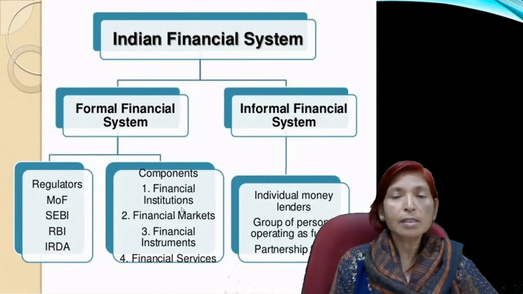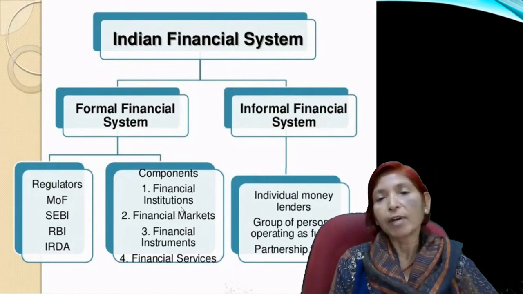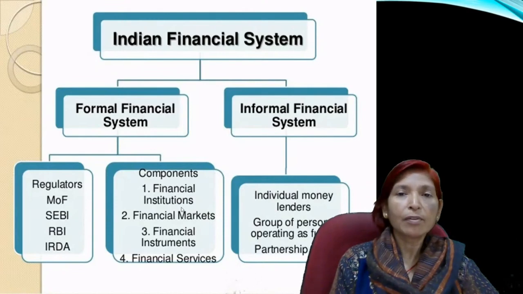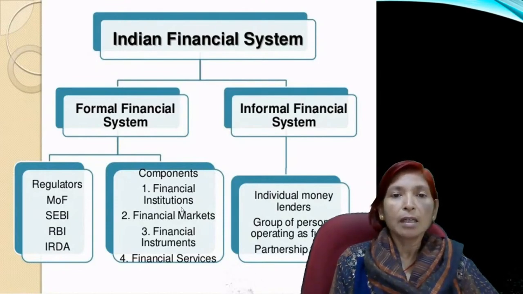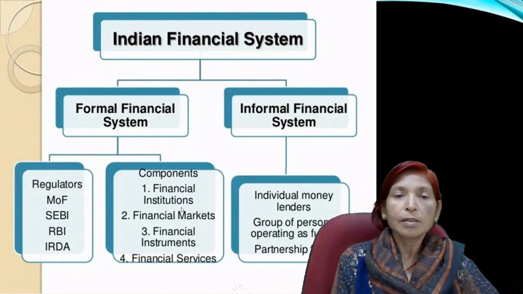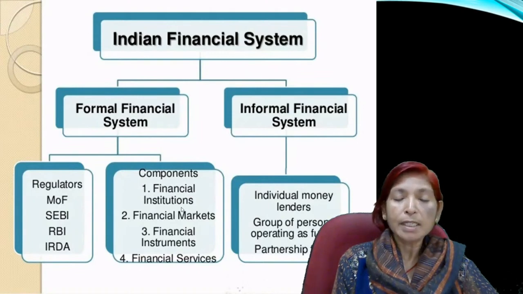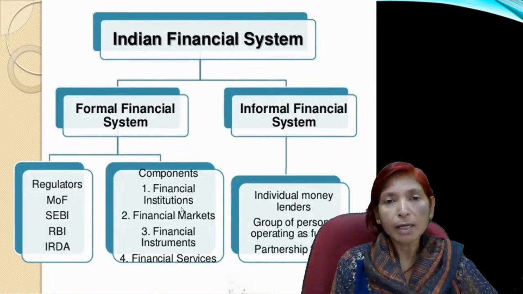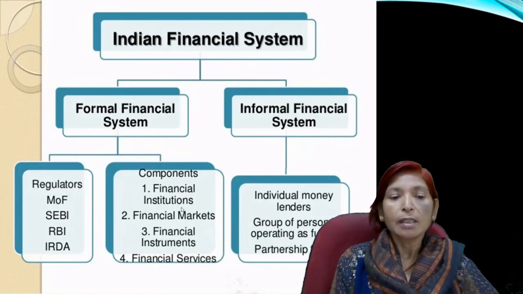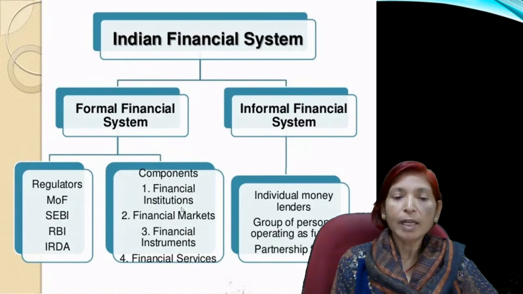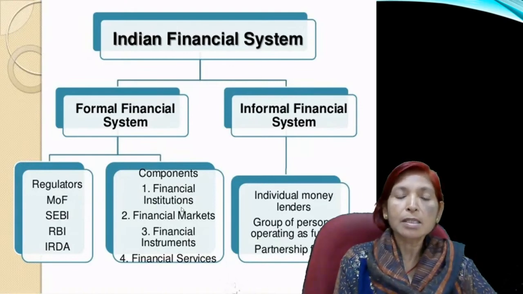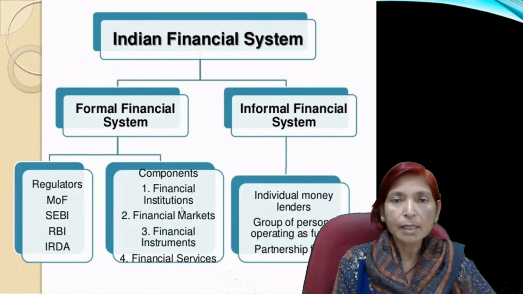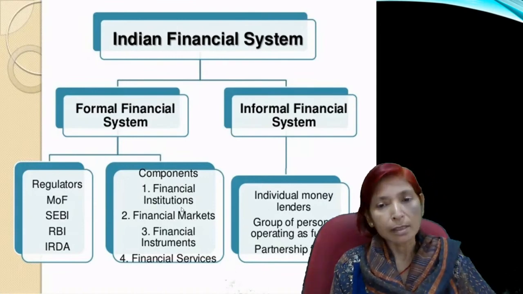Financial institutions, financial markets, financial instruments, and financial services, which we have studied in previous slides. The components of formal financial system can be classified into four parts. One is financial institution, next is financial markets, next is financial instruments, and financial services.